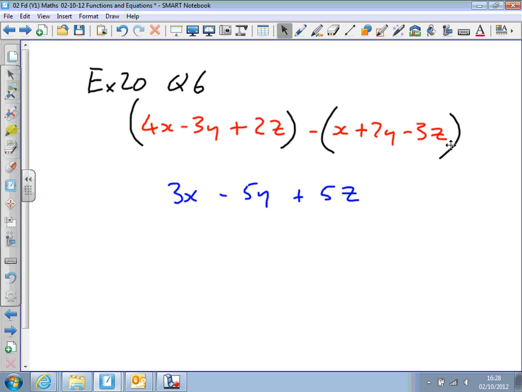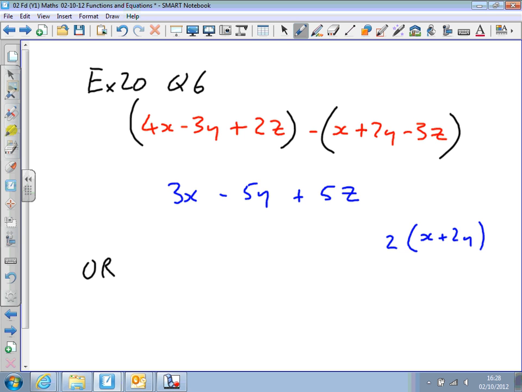Another way to think about it is as follows. If I look at this again, this part, when I have a number outside a bracket, let's do a little aside here. 2 times x plus 2y, for example.